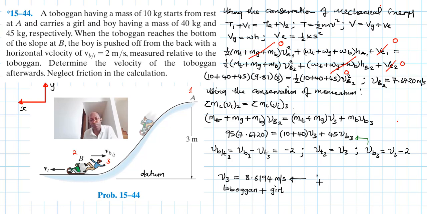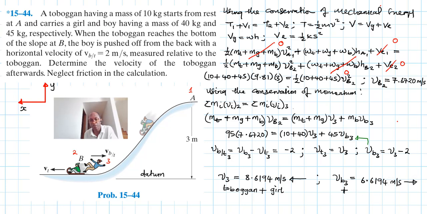All right, so let's find our VB3. You can find it either using this equation here or using this equation here; it should still come back to the same thing. V3 itself minus 2 gives us 6.6194, and this one is in this direction.